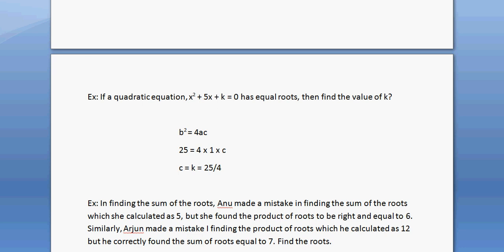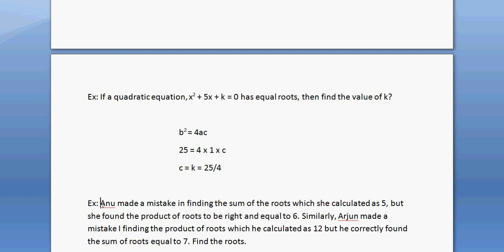Now let's go to another question. In finding the sum of the roots, Anu made a mistake, and she calculated it as 5, but she found the product of the roots right, which is equal to 6. Similarly, Arjun made a mistake in finding the product, but he calculated the sum of roots correctly, and it is equal to 7.